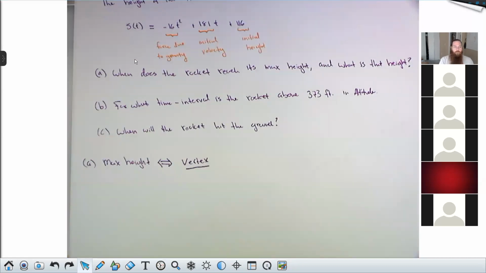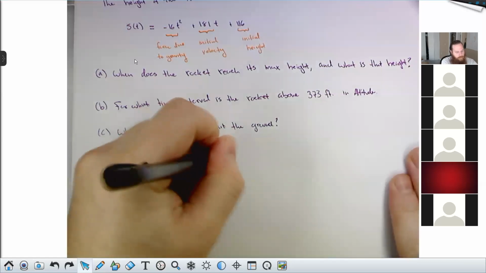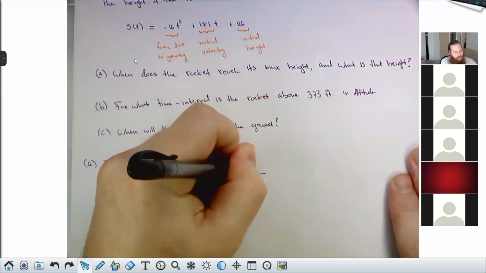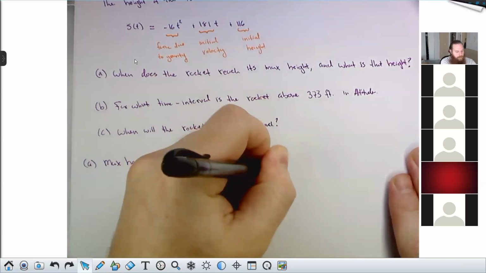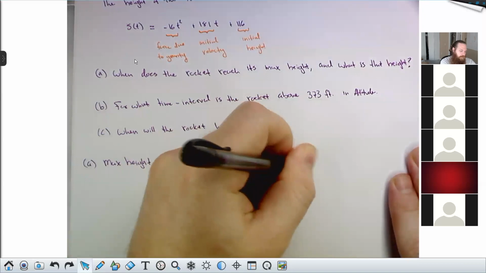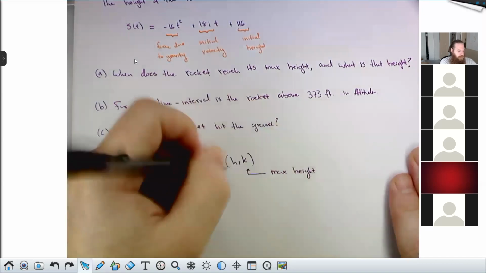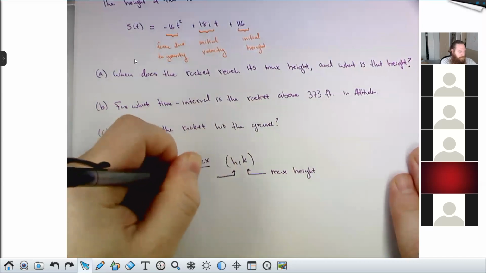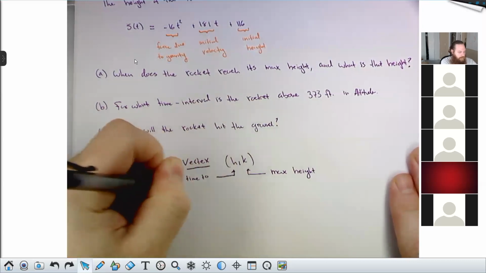The y value of the vertex is the max height, and the x value of the vertex is the time it takes to reach that max height. So h comma k. K here is the max height. And h here is the time to reach the max height.